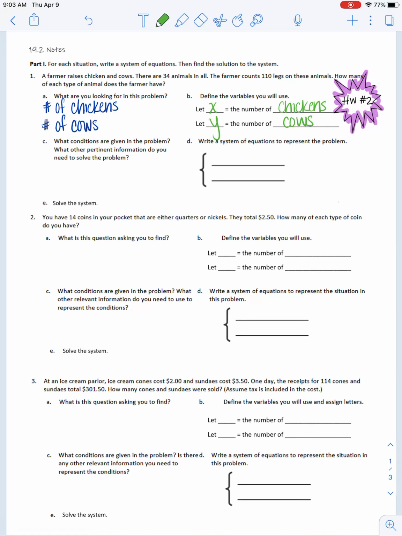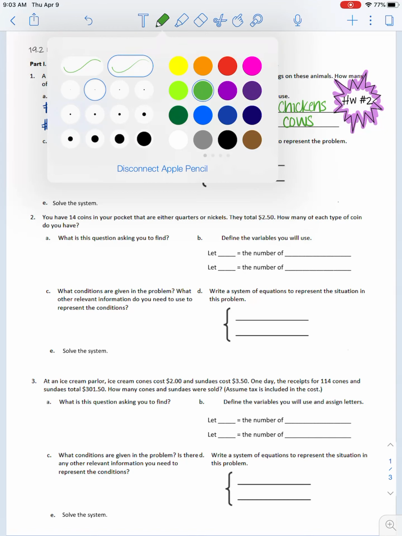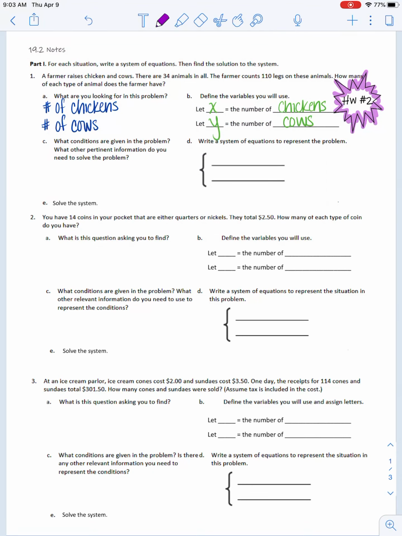We have some information in the problem that is pertinent to solving it, so we are going to write that down. We know that there are 34 animals. We also know that there are 110 legs.